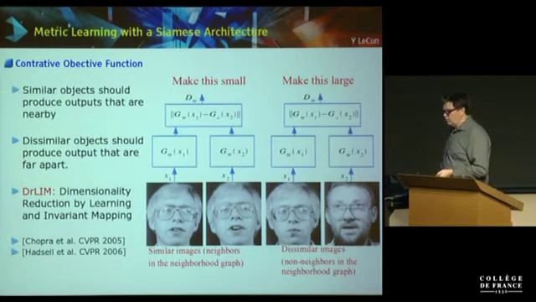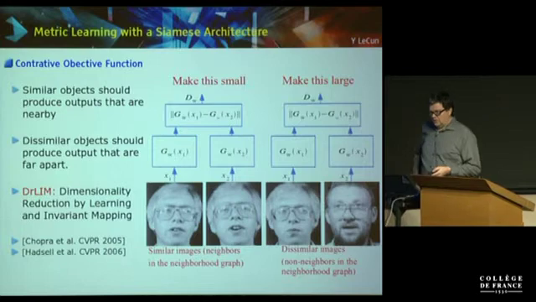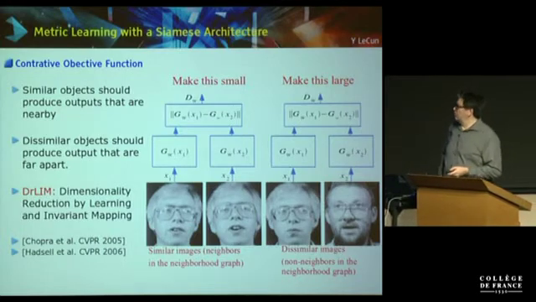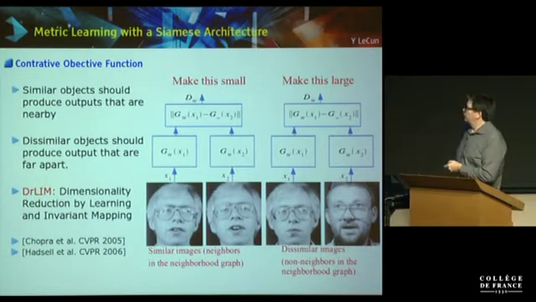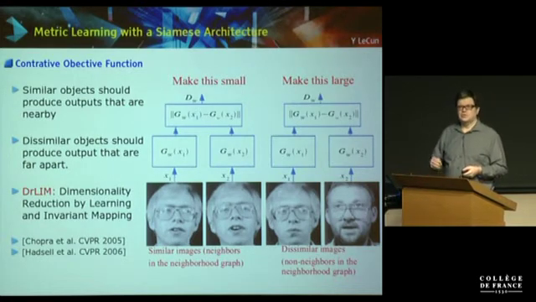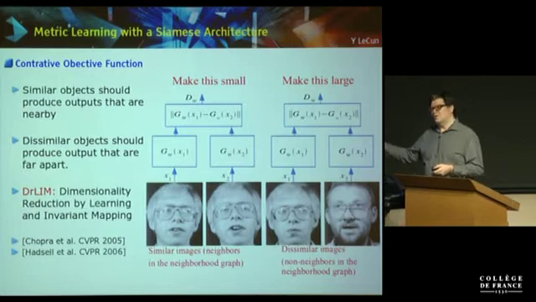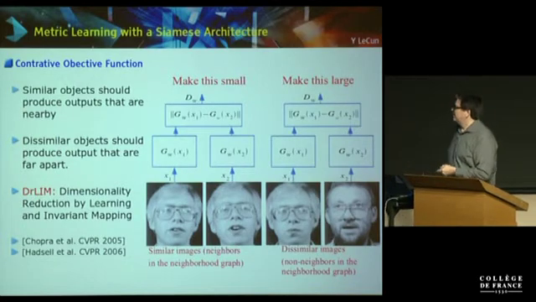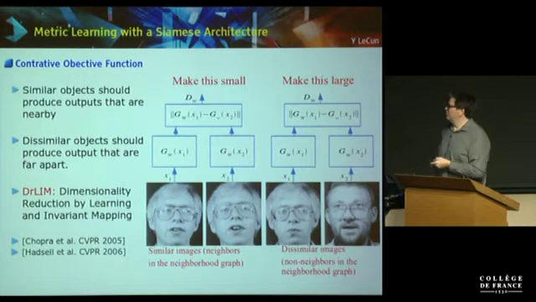It's used a lot in that field, but more and more it is being used for images. There are several methods. One that I'll be speaking about in particular is called DrLIM, which means dimensionality reduction by learning an invariant mapping, or DrLIM, a bit like Dr. No, the James Bond movie.